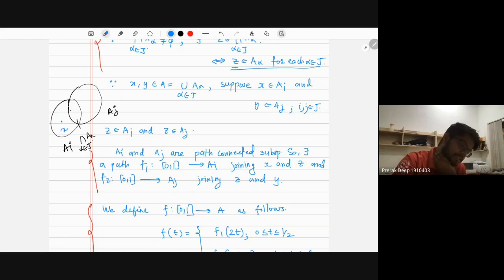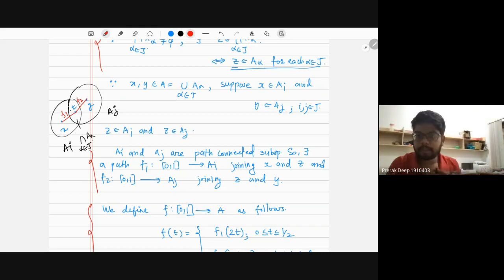This is your point x, this is your point y, and this is your point z in the intersection. First you find a path joining x to z, which is f1, and then a path f2 joining z to y, and now you glue these two paths using the gluing lemma to get a new path from x to y, which is called f.